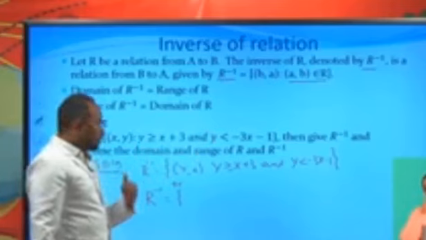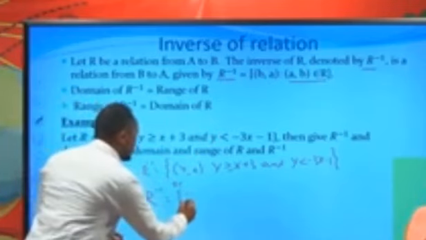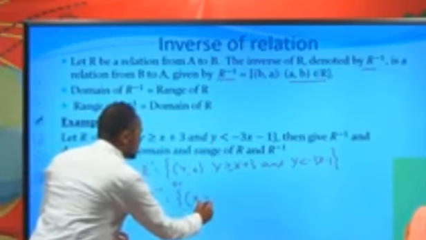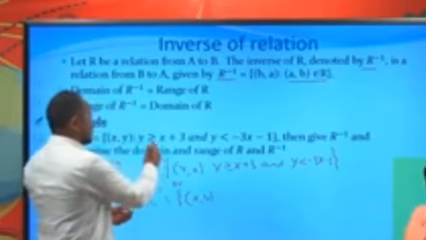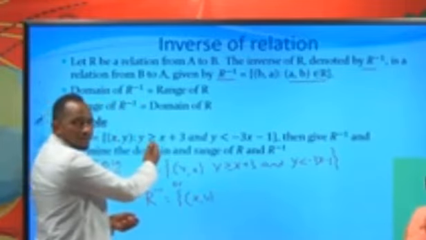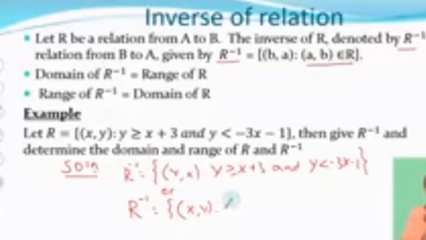So R inverse will be the ordered pair (x, y) such that x is greater than or equal to y plus 3 and x is less than minus 3y minus 1.